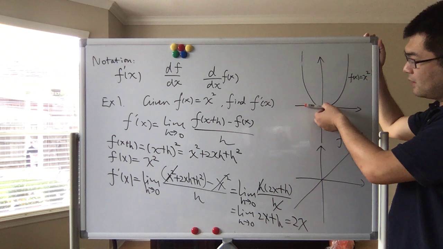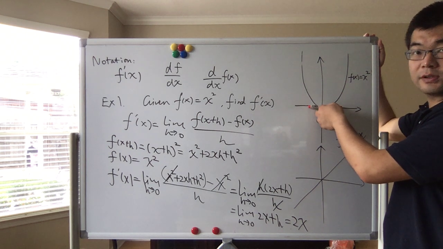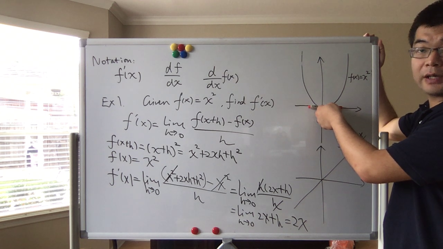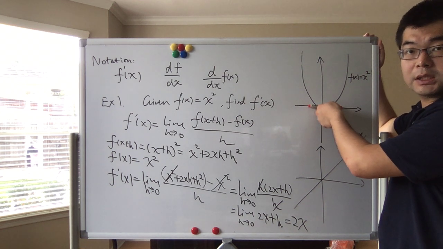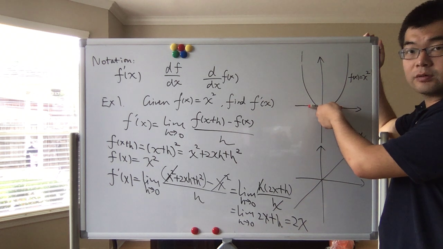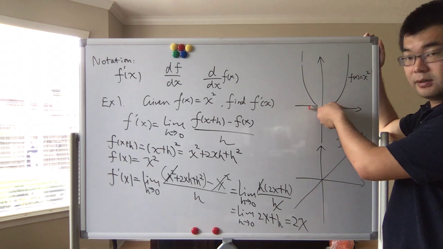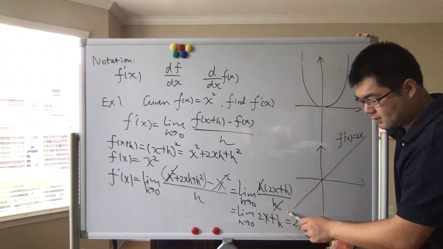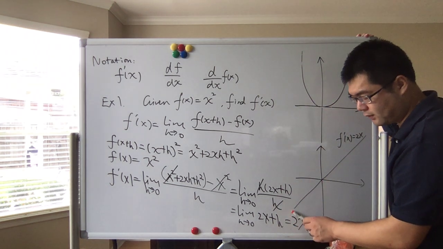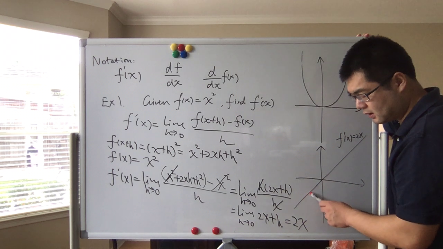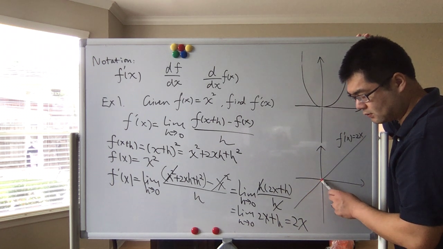And at the moment when x equals 0, it becomes 0, because the tangent line is horizontal, so the slope of that tangent line equals 0. So this exactly describes it: from a very negative number, increasing, and when x equals 0, the slope of the tangent line equals 0.